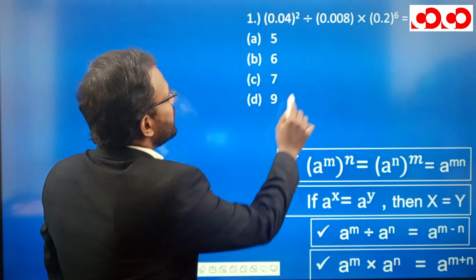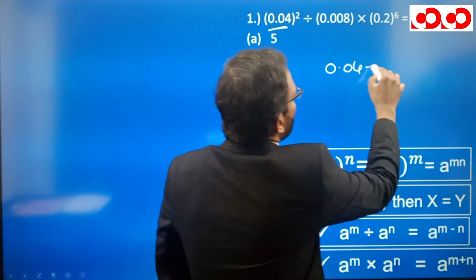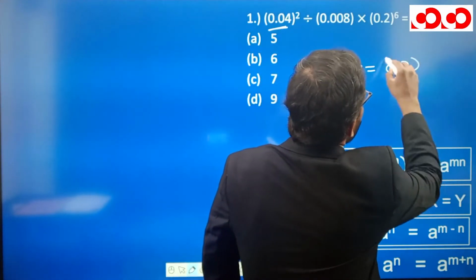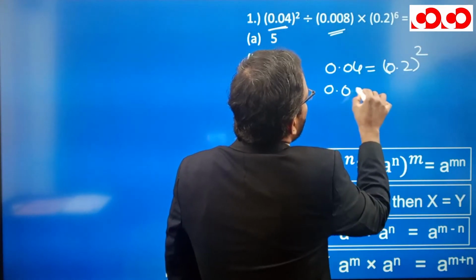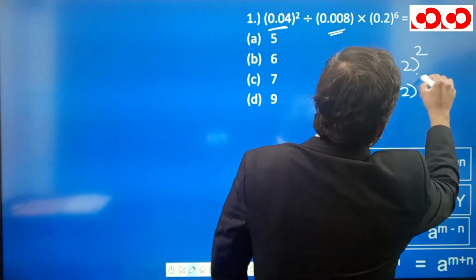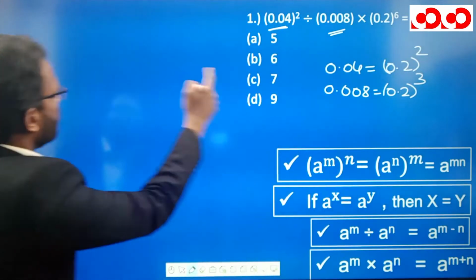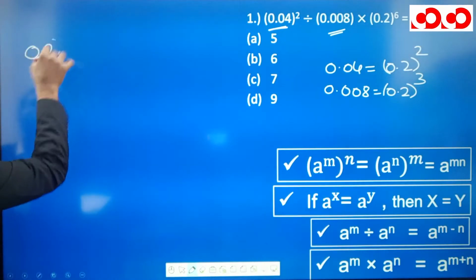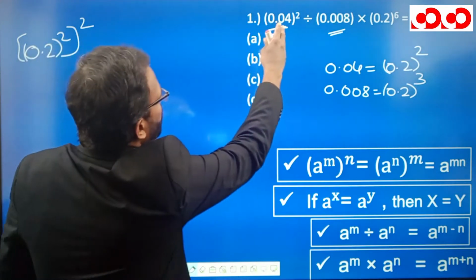For example, let's see this 0.04. This 0.04 is nothing but 0.2 whole square, and 0.008 can we write as 0.2 whole cube? Of course we can write it, isn't it? So if we try to solve this, we'll get (0.2 whole square) whole square, because this is (0.04) whole square.